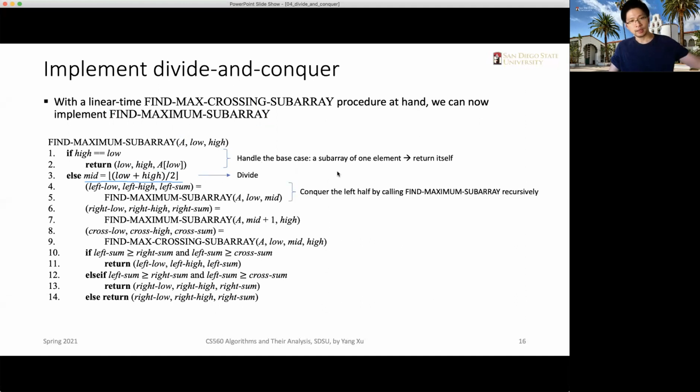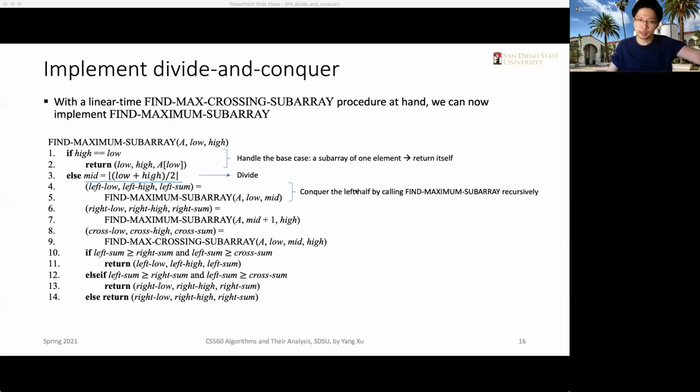Now it's the interesting part, because we have recursive calls. First, we need to conquer the left half, because the left half is a smaller instance of the original problem.